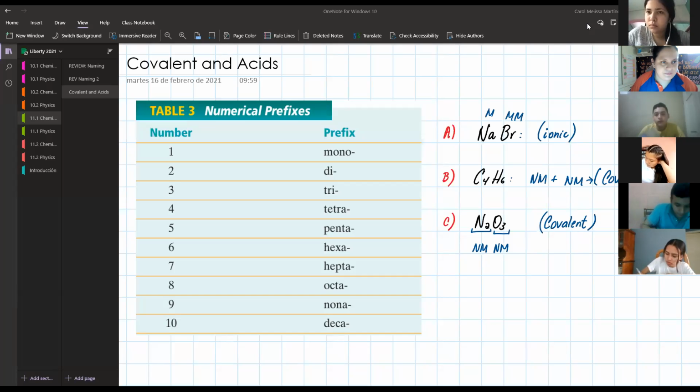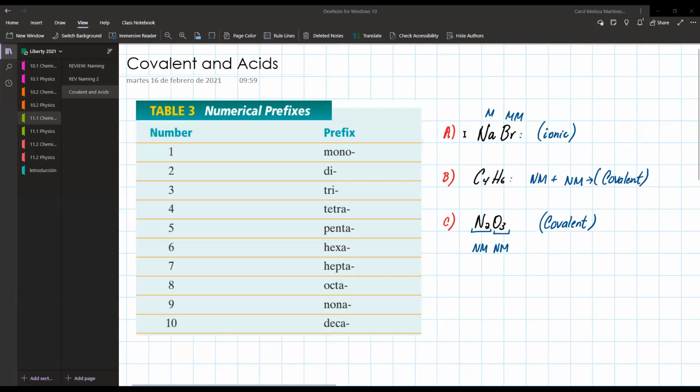Now, in what way are we going to be able to name compounds? Now that we know that we have two covalents, I'm going to name them. For this, we need to use the prefixes that you see over there, the table of prefixes.